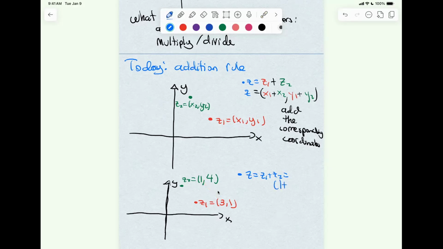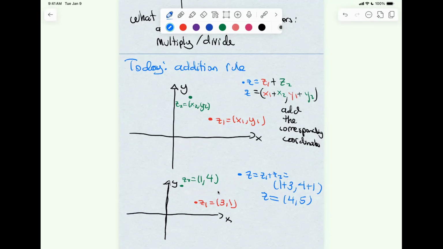And then I add the second entries together, which gives me 4 and 1. So that would be what the sum corresponds to. Is that okay so far? So good?